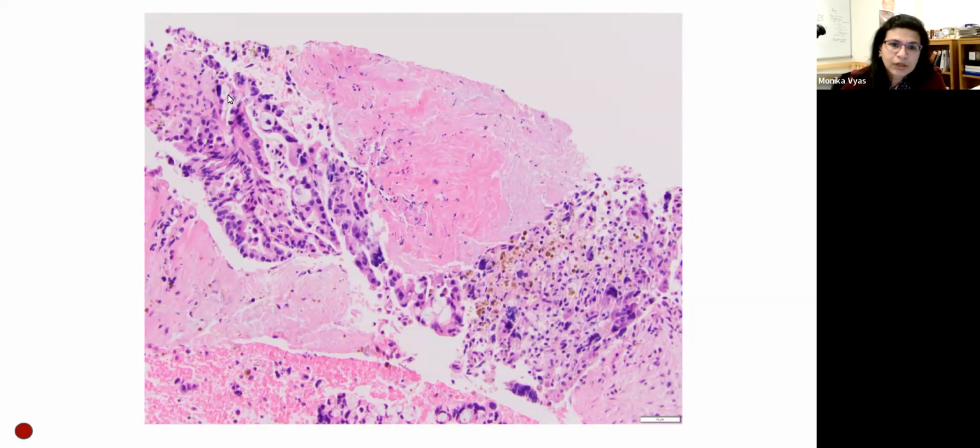All the typical features of a pancreatic ductal adenocarcinoma could be appreciated in these small areas. Again, the background showed histiocytes. You can see pigment within these histiocytes, so hemosiderin-laden histiocytes along with multinucleated giant cells in the background again.